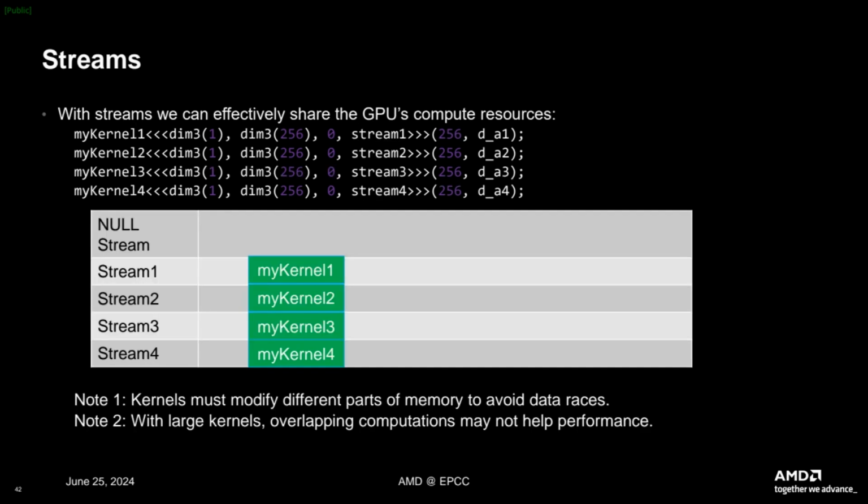But you can leverage this idea to actually make them execute asynchronously by creating 4 different streams and then providing each of those to the kernels, so that now you see that nothing's executing on the null stream and kernel 1 is on stream 1, kernel 2 on stream 2, and so on. So here, for simplicity, all the kernels look like they have the same duration, but that would not be the case in general.